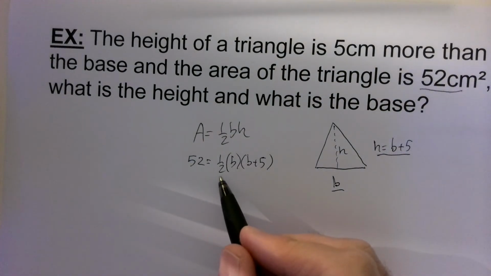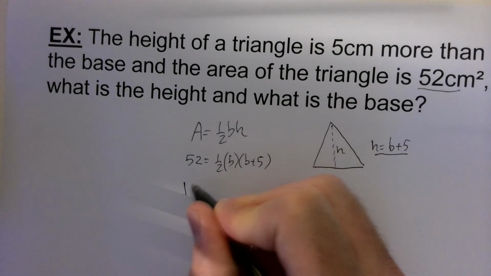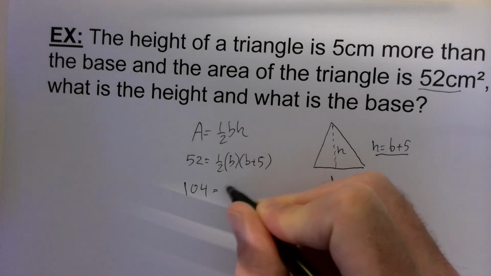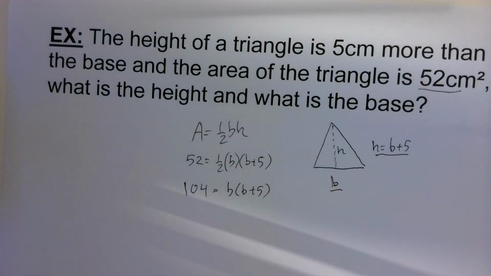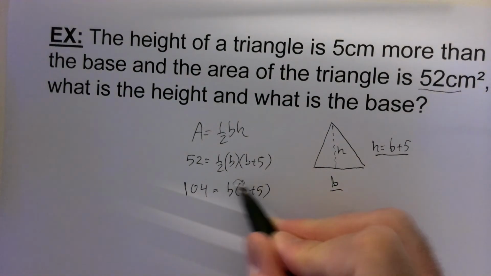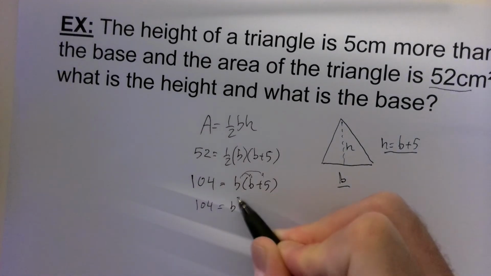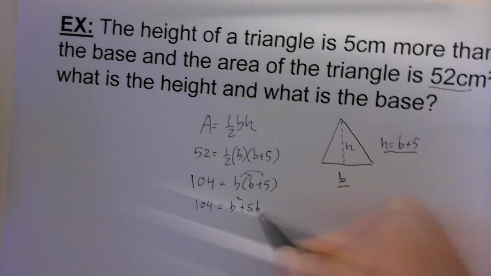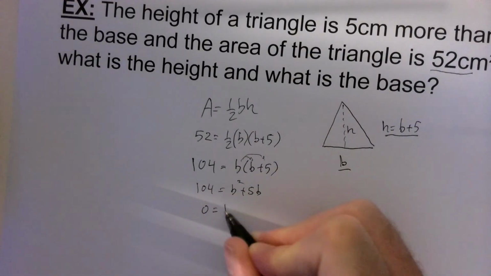If you hate fractions like most people, you can multiply both sides by a 2. So that's 104 equals B times B plus 5. So this becomes a quadratic. You want to distribute. Okay, so get a 0 on one side.